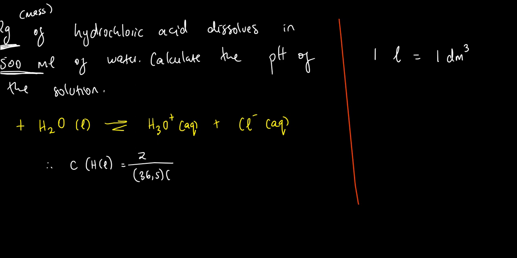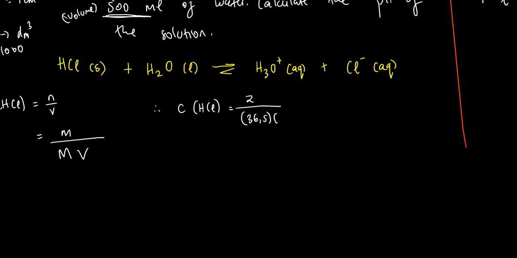And then now here, because we have 500 milliliter, you divide by 1,000, then you'll be able to convert that to liters, which is converting it to decimeter cubed. And then I believe it should be 0.5. So can you get for me the concentration?